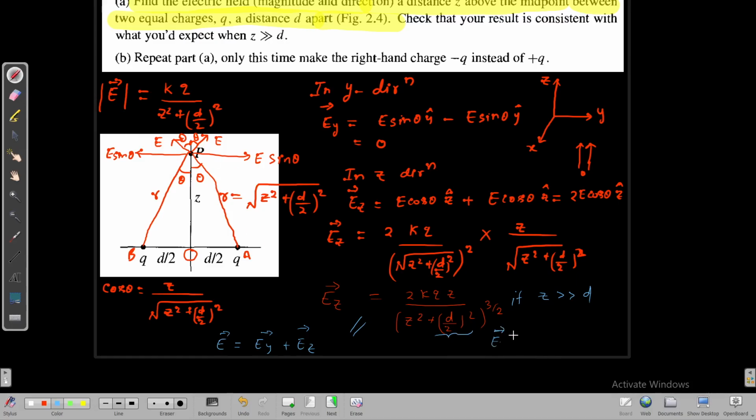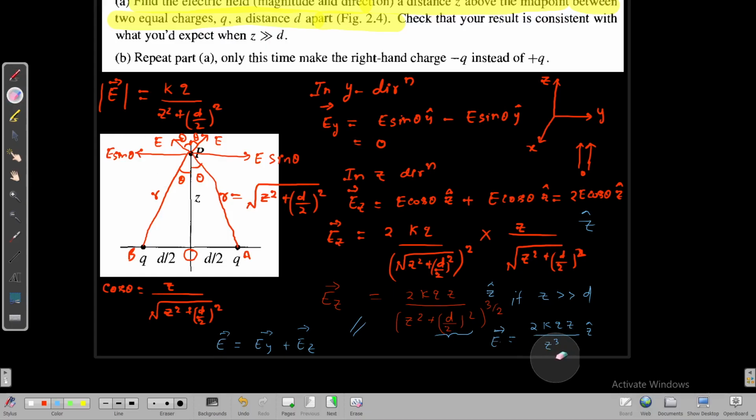E vector is equal to twice kqz over z square to the power 3 by 2. So it will be z cube, and obviously z cap is going with that.